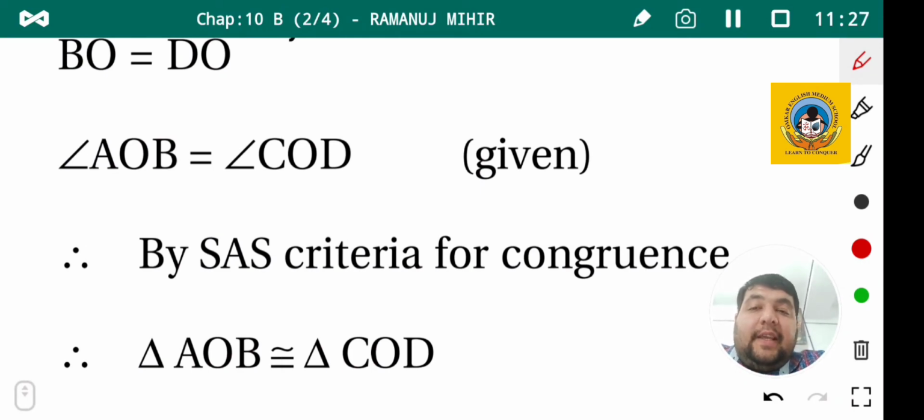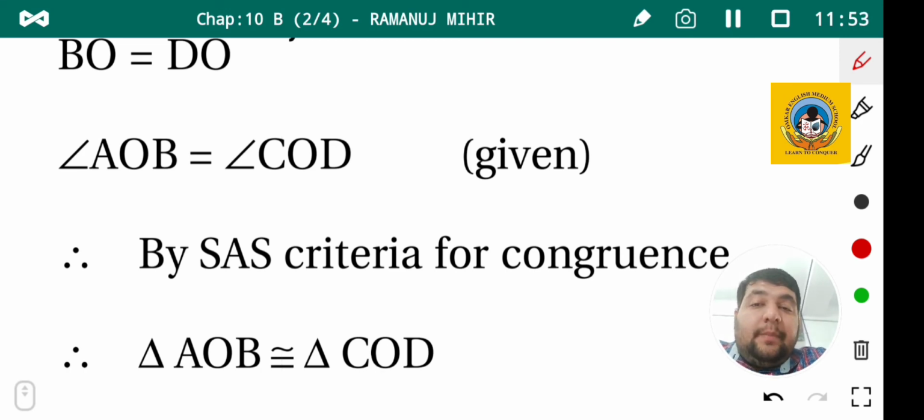What is SAS criteria? SAS criteria means side angle side. If two triangles have two equal sides and one equal angle, then the other side and the other two angles will automatically become equal. You try to draw at home, make two triangles of any measurement, whatever you like.